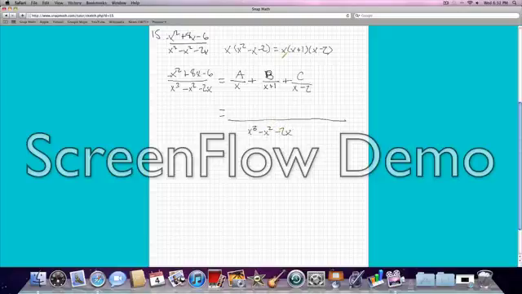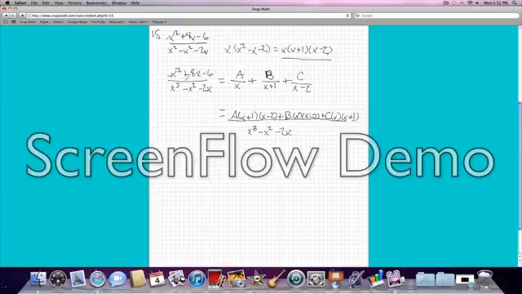So it's going to be A times each one of these, x plus 1, x minus 2, plus B times the other ones underneath it, B times x times x minus 2, and then plus C times x times x plus 1.